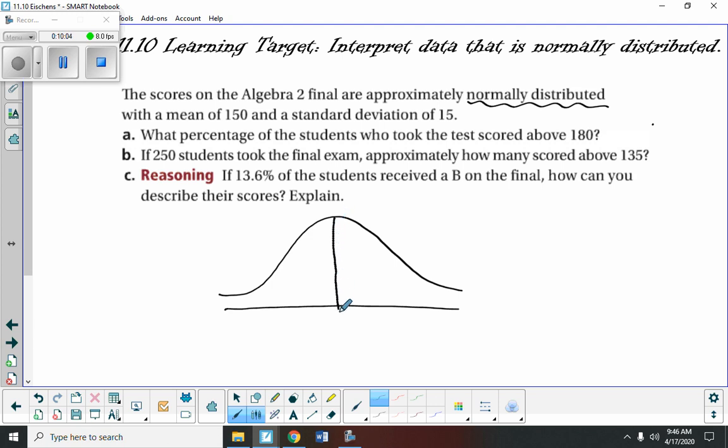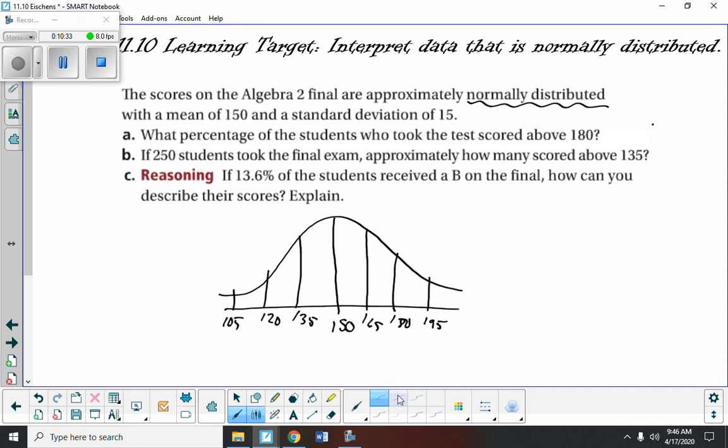So the mean is 150, and then the standard deviation is 15. 150 plus 15, so that's 165, 180, 195. And we're going to subtract 15, so you get 135, 120, 105.